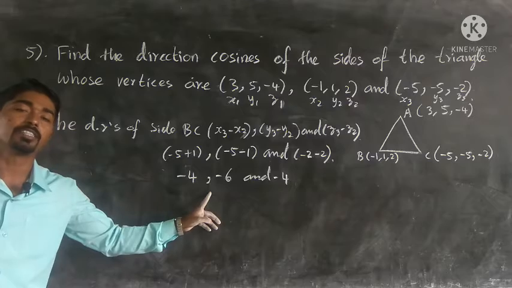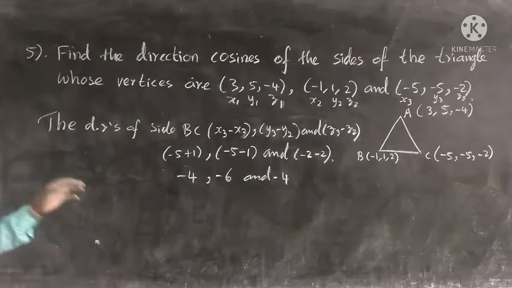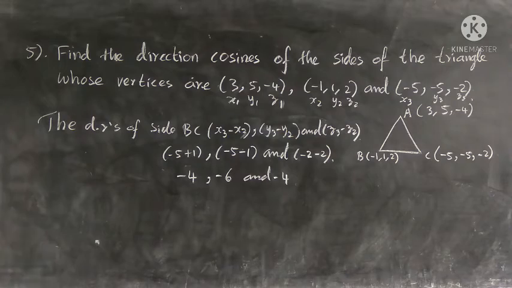By using this direction ratio, we are going to find the direction cosines of side BC.